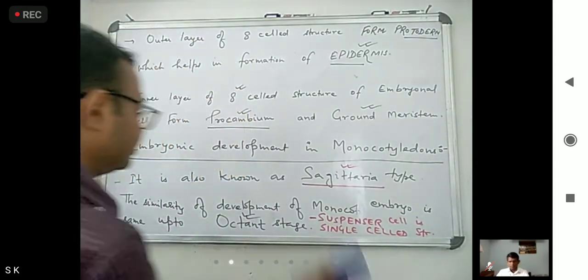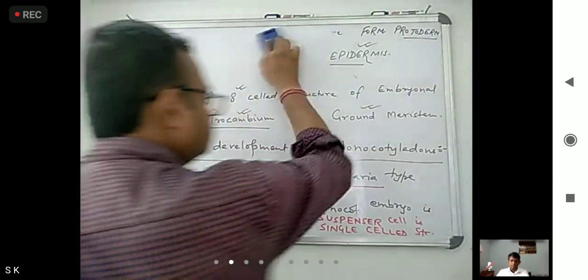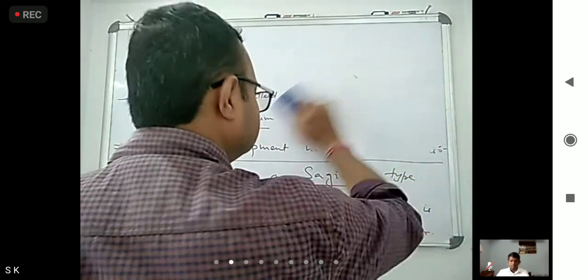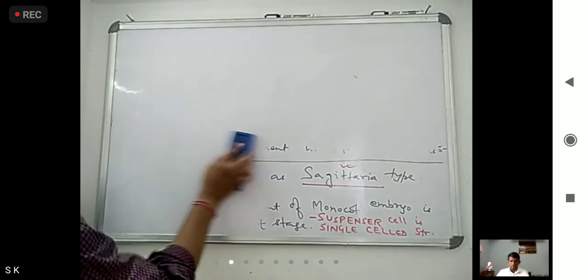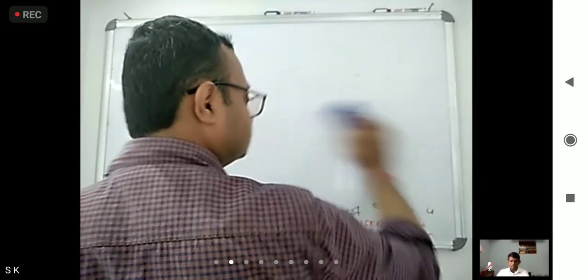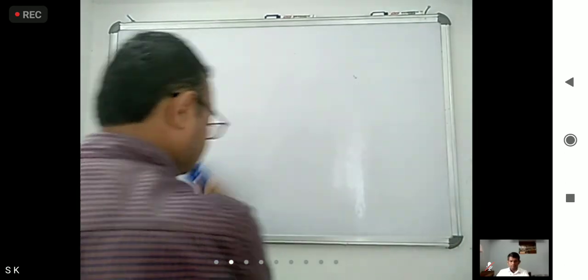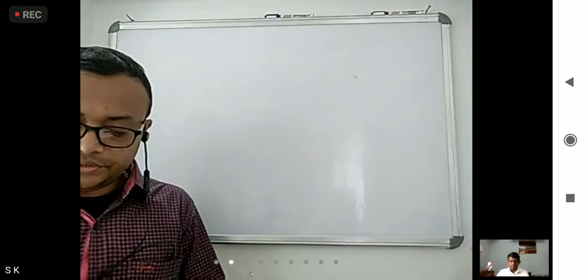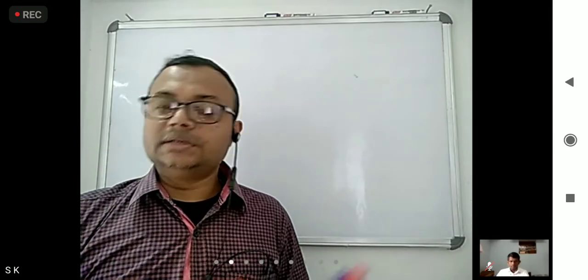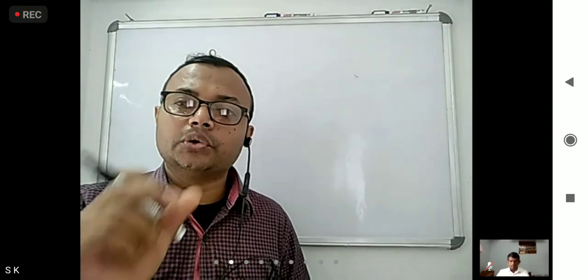So now we have to see the structure of a typical monocot embryo.